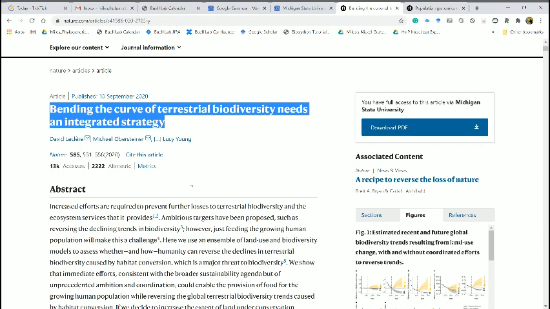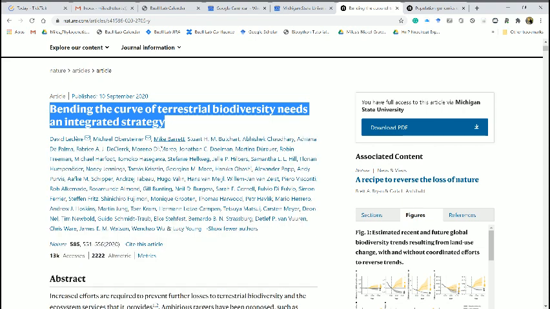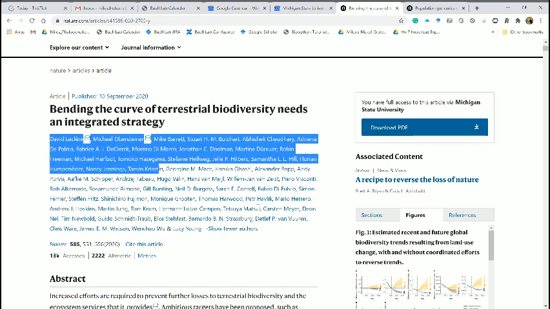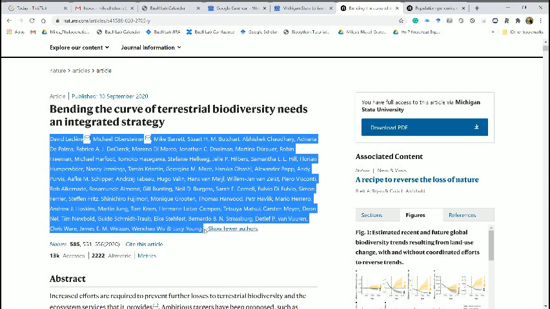agriculture. And this paper, the authors, of which there are a lot, these are all the authors right here, a bunch of amazing scientists, no doubt.